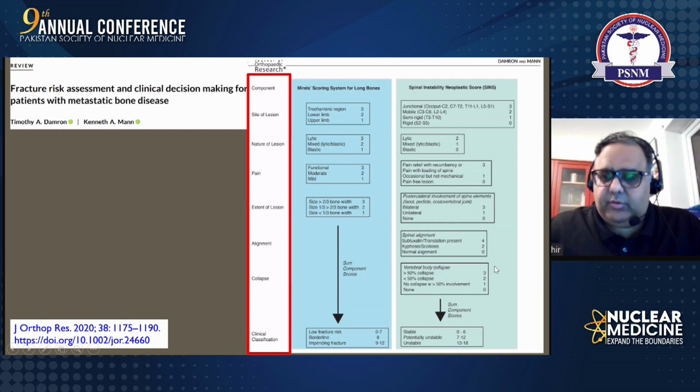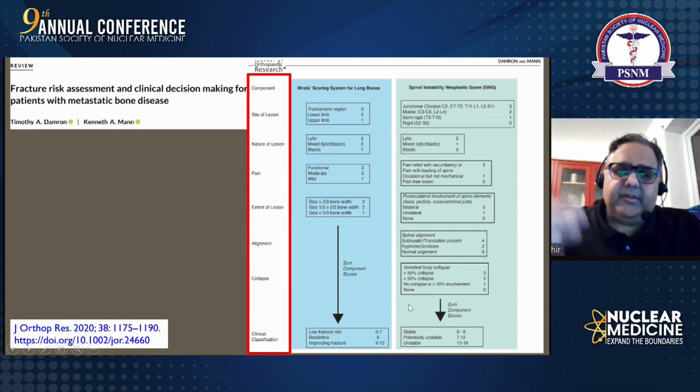Alignment and collapse are more to do with the spinal scoring system. Eventually, the Mirels scoring system, essentially for the long bones, categorizes into low fracture risk, borderline, or impending fracture. Similarly, the spinal system has stable, potentially unstable, and unstable. So you can see there has been an effort to come up with a risk assessment for fracture.